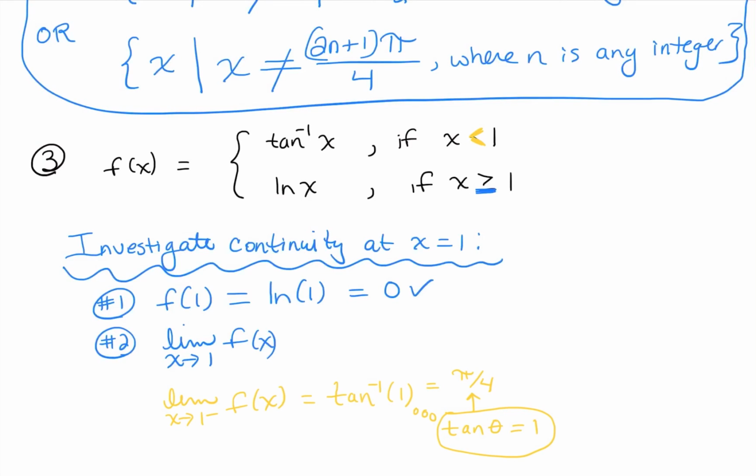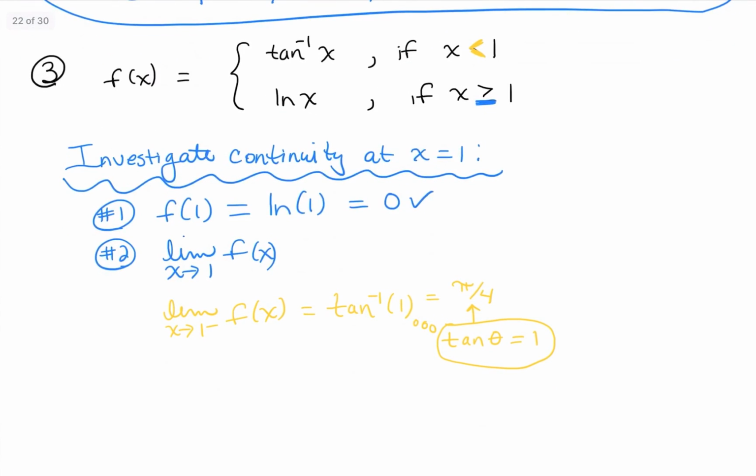All right, now I have to look at my limit from the right. So the limit as x approaches 1 from the right of f of x, well, right of 1 is coming in from values bigger than 1. So this is natural log of 1, but that is equal to 0.